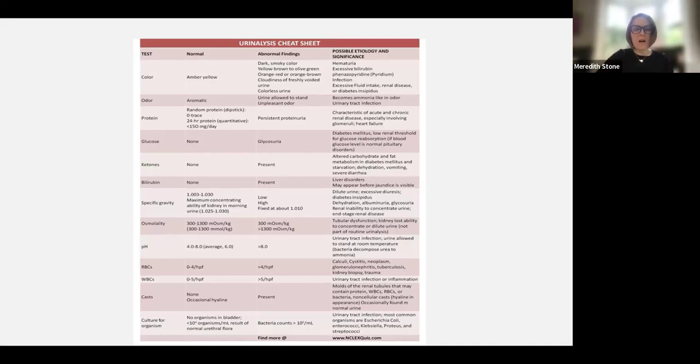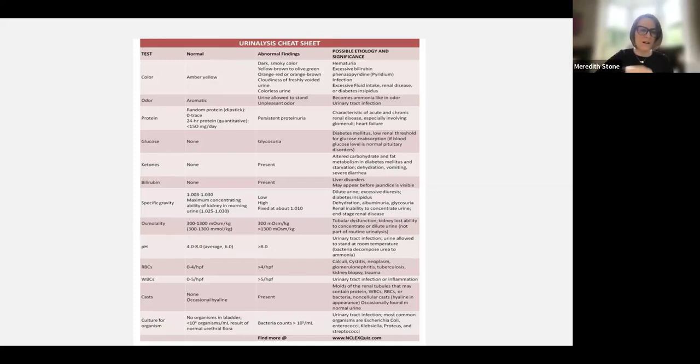It should not have a foul smelling odor, right? And again, what is normal? There shouldn't really be much protein in our urine. There shouldn't be sugar. There shouldn't be ketones. There shouldn't be bilirubin. We shouldn't have casts, right? You don't want these things.